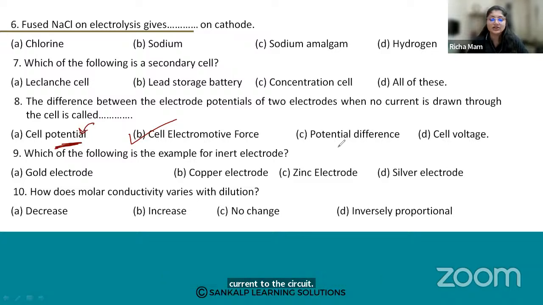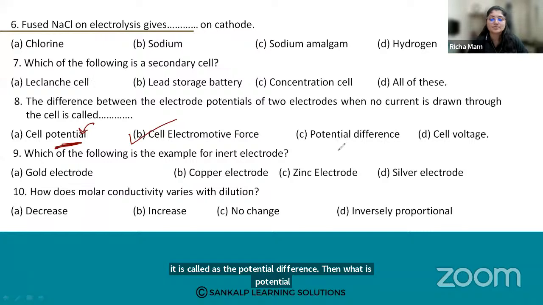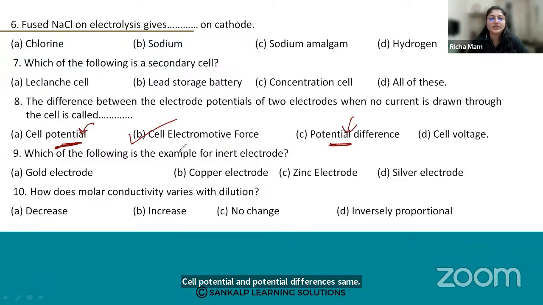Cell potential and potential difference are the same. Cell potential or potential difference is one and the same, the names are different but the meaning is the same. It is the difference between the electrode potential of two electrodes when the cell is sending current through the circuit.